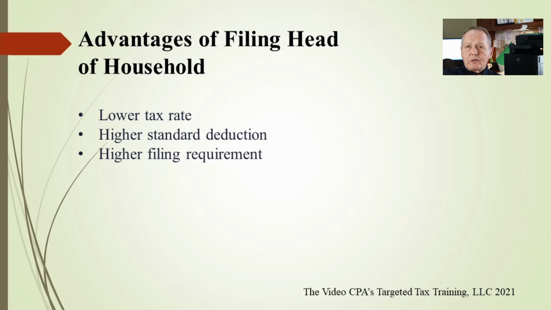Also, you get a higher standard deduction, which is important, and there's also a higher filing requirement. You don't even have to file a return in some cases, where you might have to file one if you're single. So these are the three main advantages of filing head of household. It does save you money on taxes if you can file head of household.